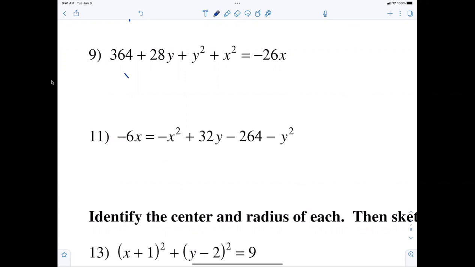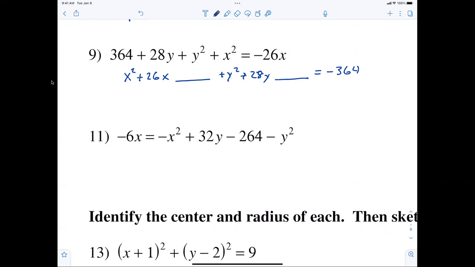I'm going to write x² first, then plus 26x. I'm going to leave a space, then plus y² plus 28y. I'm going to leave a space and then put equals −364. Now, at this stage of the game, I always tell kids, I think you should be able to move things around in your head rather easily.